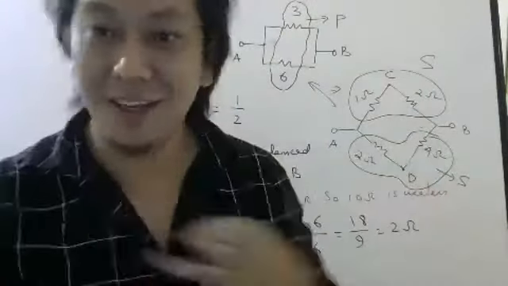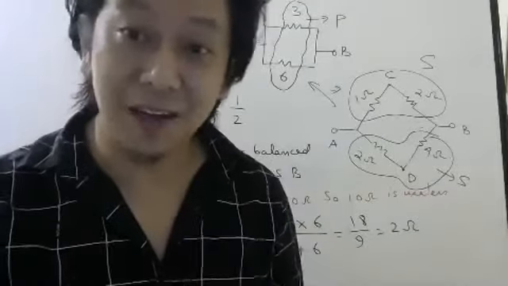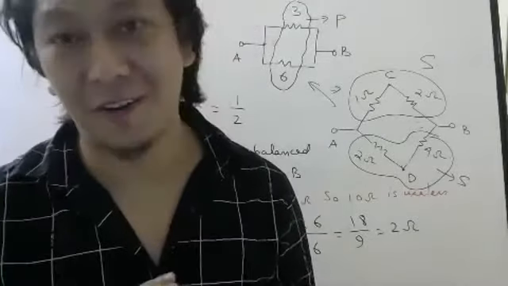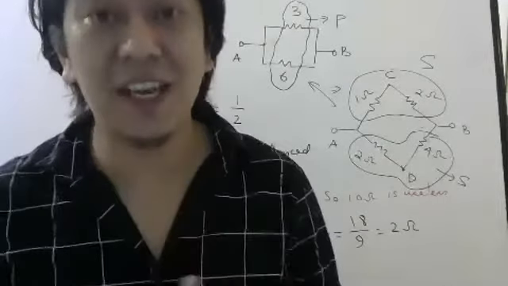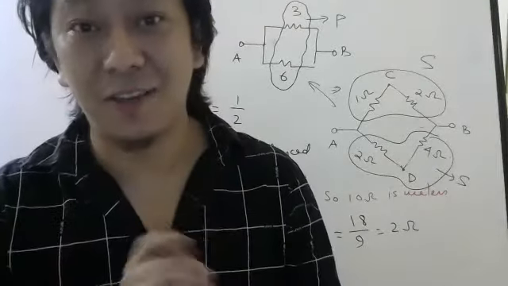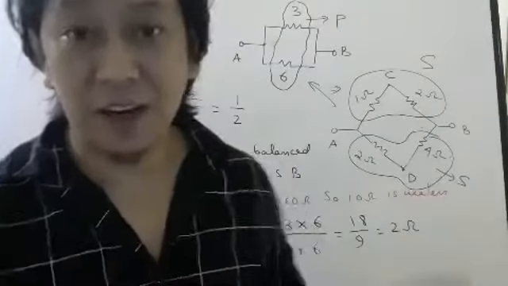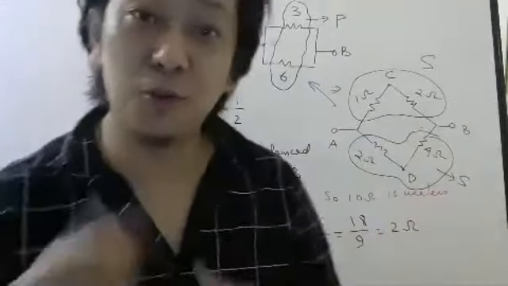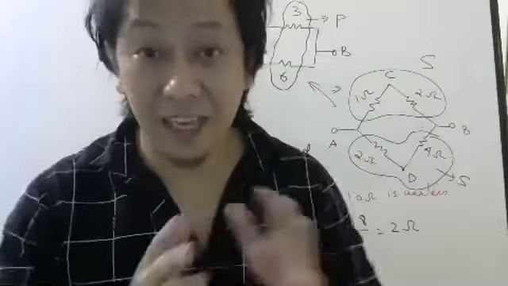No symmetry, no Wheatstone bridge concept. So you will have to go back to Kirchhoff's voltage law. One of the questions at the last in this numerical exercise will be like that, and that time you will learn how to do it. If you cannot apply this concept, then you have to go back to Kirchhoff's voltage law, but that will be very lengthy.